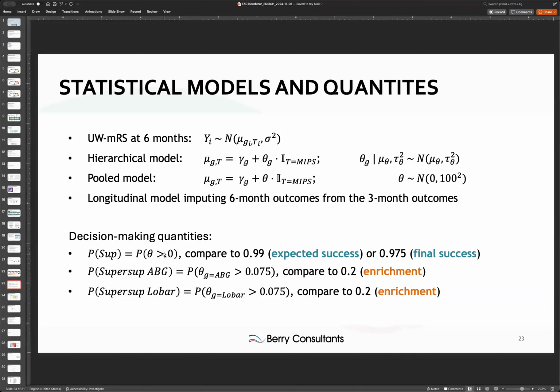If the posterior probability that the across group treatment effect is greater than 0 is bigger than 0.99, we'll stop accrual early in the trial for expected success. Once we get to the final analysis, if that posterior probability is above 0.975, that is going to be our decision-making quantity. And we would say, yes, the MIPS device is successful, superior to medical management alone. So that's our final success criteria.